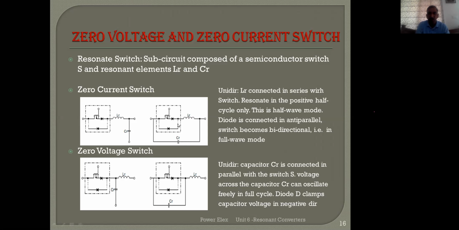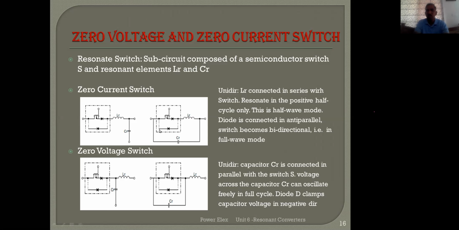But in zero current switch, whenever this diode is connected in anti-parallel and this inductor has stored energy and this switch is off, this diode will immediately conduct and allow the inductor to release its stored energy. Means this gives a path for the stored energy of the inductor and ensures that the current at the switching instant will be near to zero, very near.